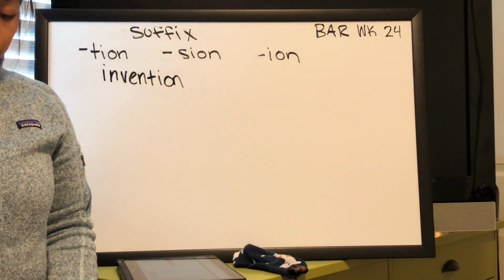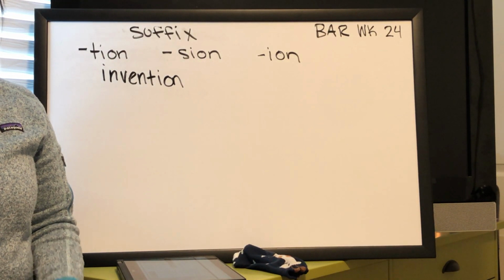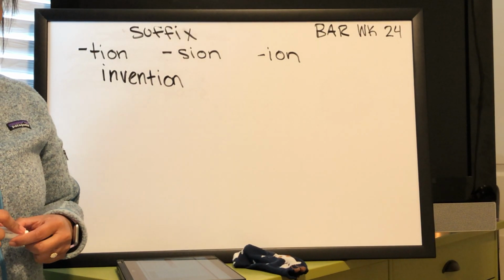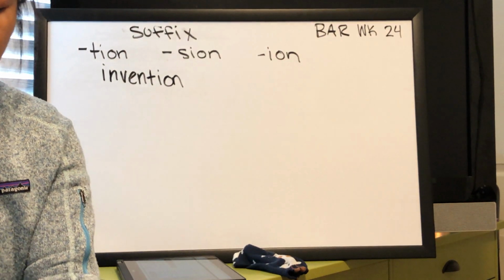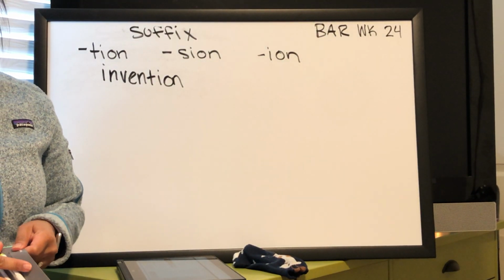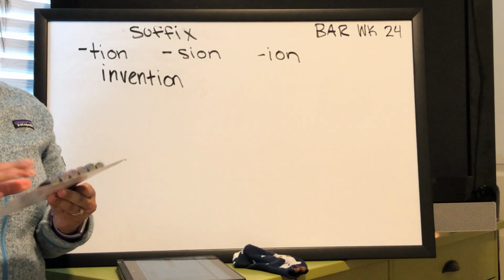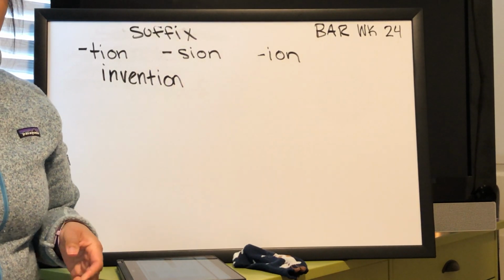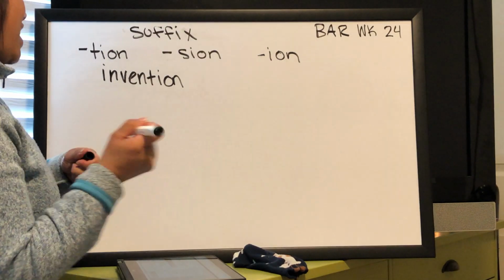With invention, I am going to introduce to you how to divide the words first. I would like for you to divide the root word and the suffix, which we've done in the past. Oops, sorry, I should have opened that earlier, but I'm not going to waste time to do that.